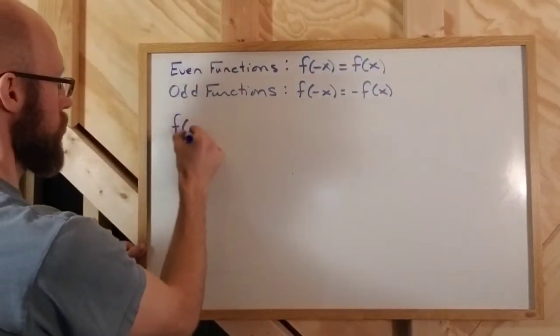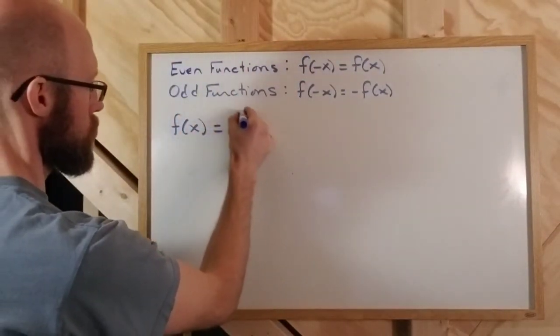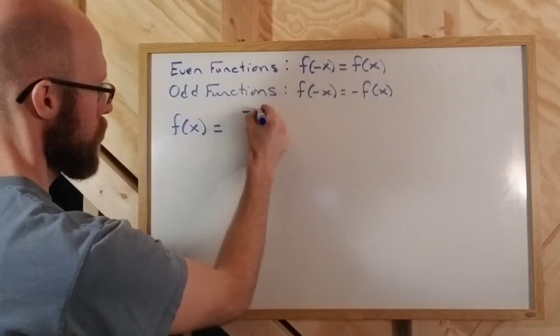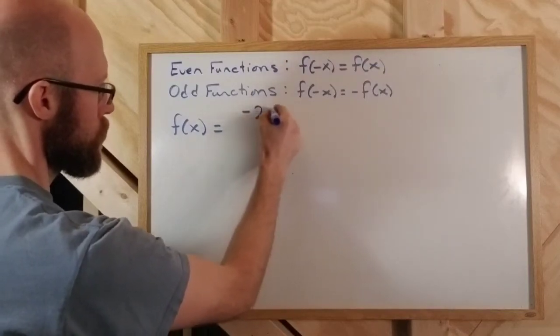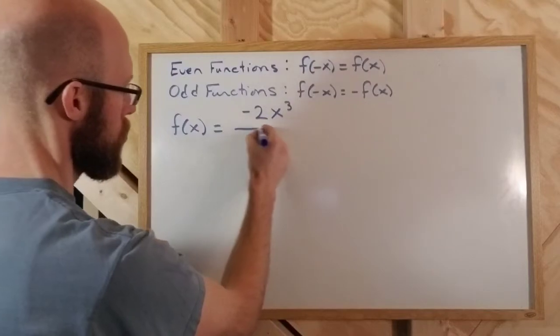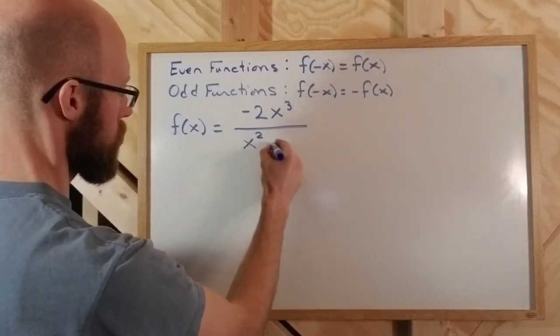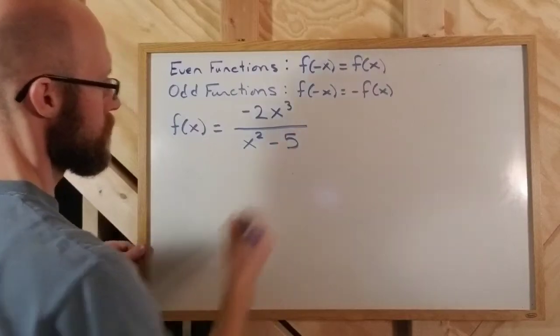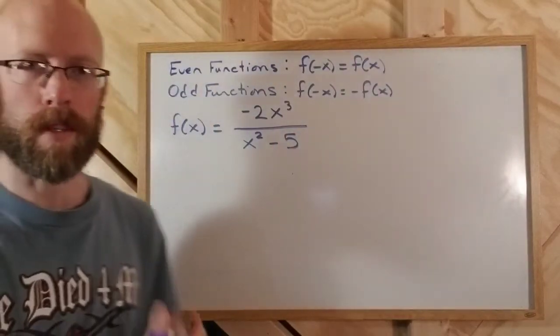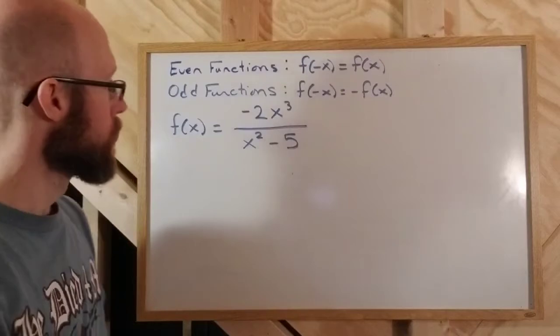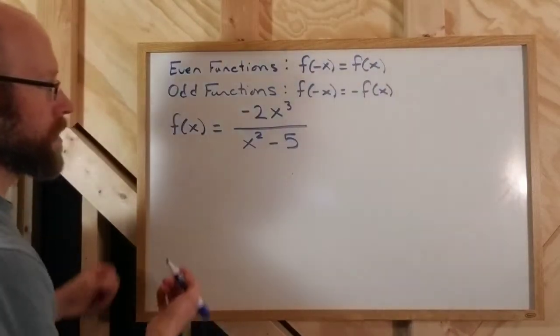Let's look at f of x equals, let's go with something like negative 2x cubed over, well, I don't know, x squared minus 5. Something like that. We'll see what happens here. Again, same idea.